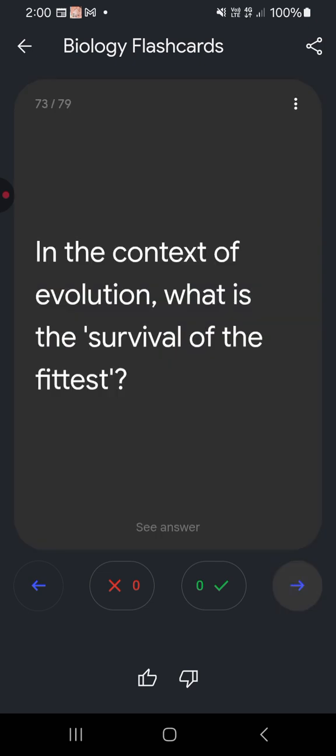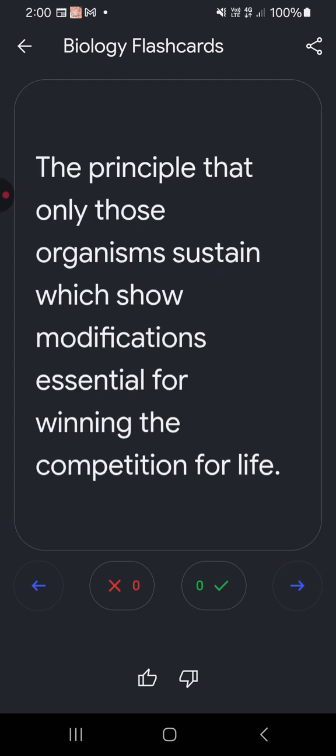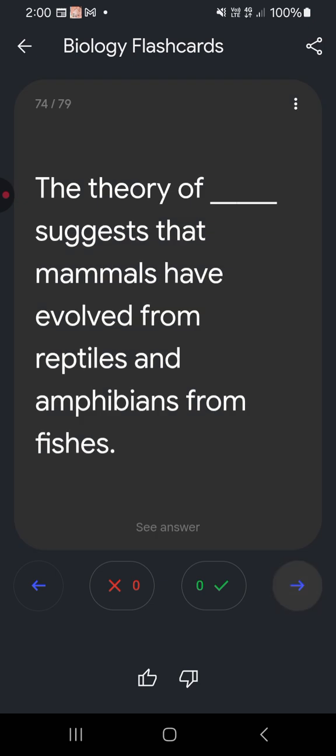In the context of evolution, what is the survival of the fittest? The principle that only those organisms sustain or survive which show modifications essential for winning the competition for life. The theory suggests that mammals have evolved from reptiles and amphibians from fishes.